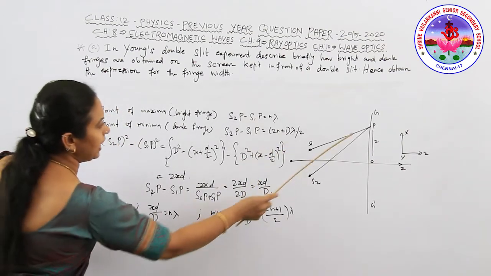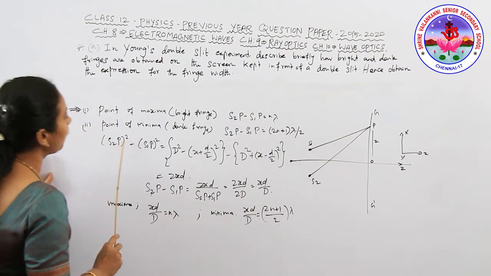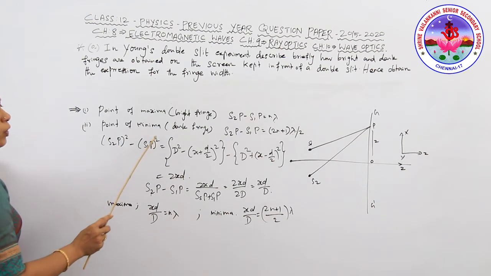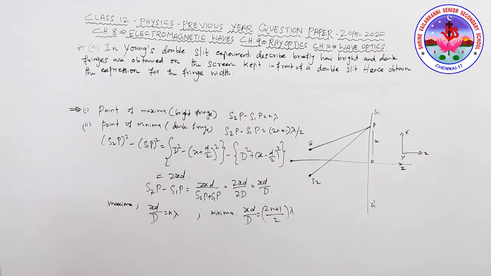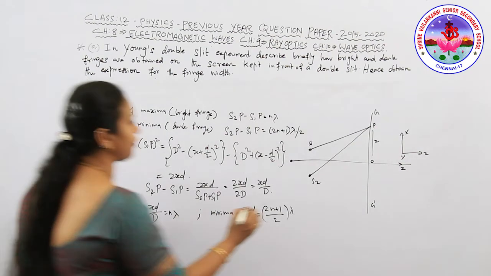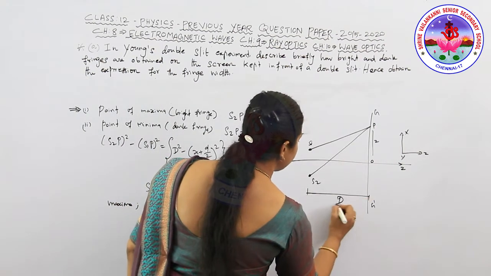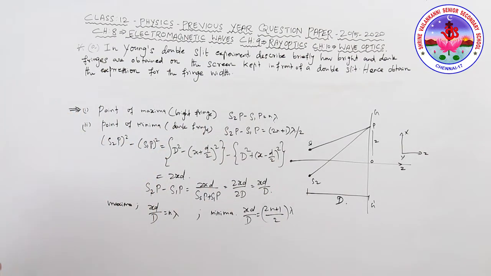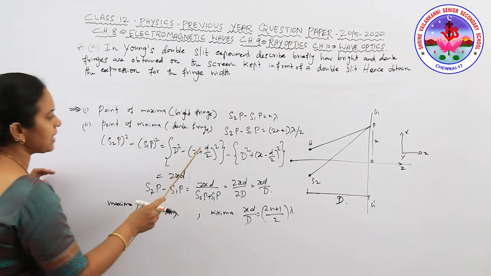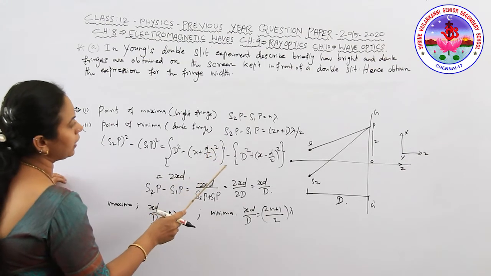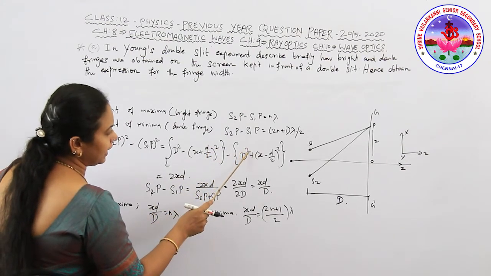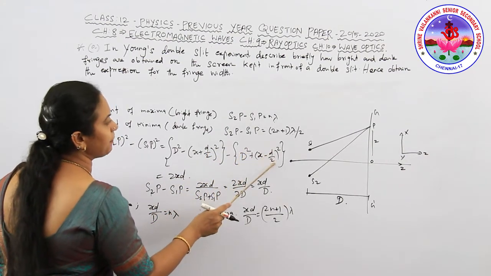So finally we get S2P whole squared minus S1P whole squared. We have to calculate the distance from the screen, which we have taken as D. So D squared plus (x plus d by 2) whole squared, minus D squared plus (x minus d by 2) whole squared.